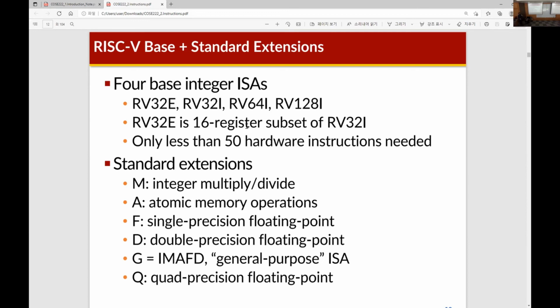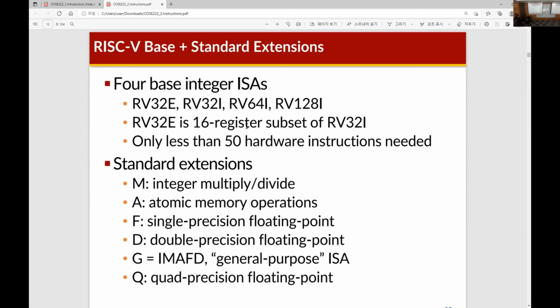But in this course, we will learn RV64I. What does that mean? We will cover RISC-V 64, which means the width of the register file is 64-bit, so it's a 64-bit computer.